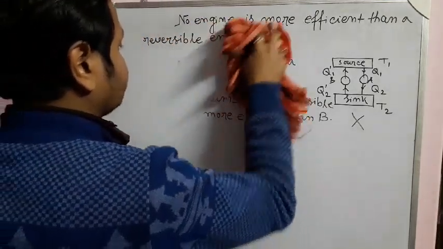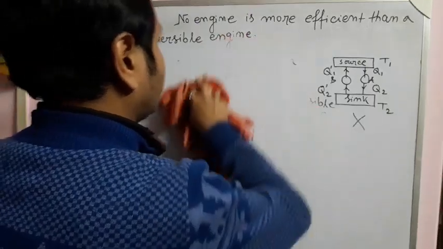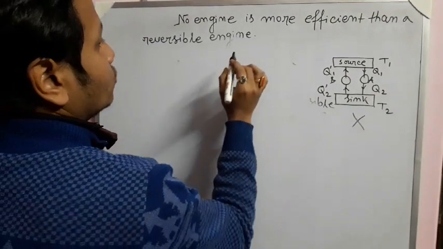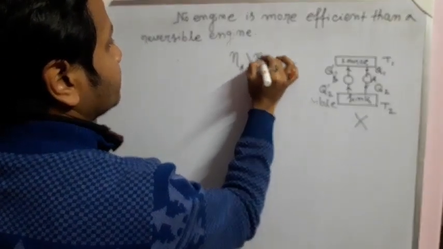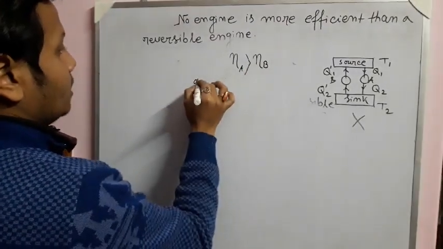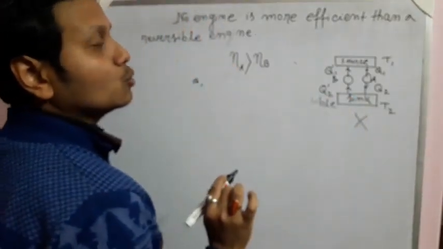So we assume that engine A is more efficient than engine B. So eta A is greater than eta B, that we assume. Now what will be the efficiency of engine A? 1 minus Q2 by Q1.